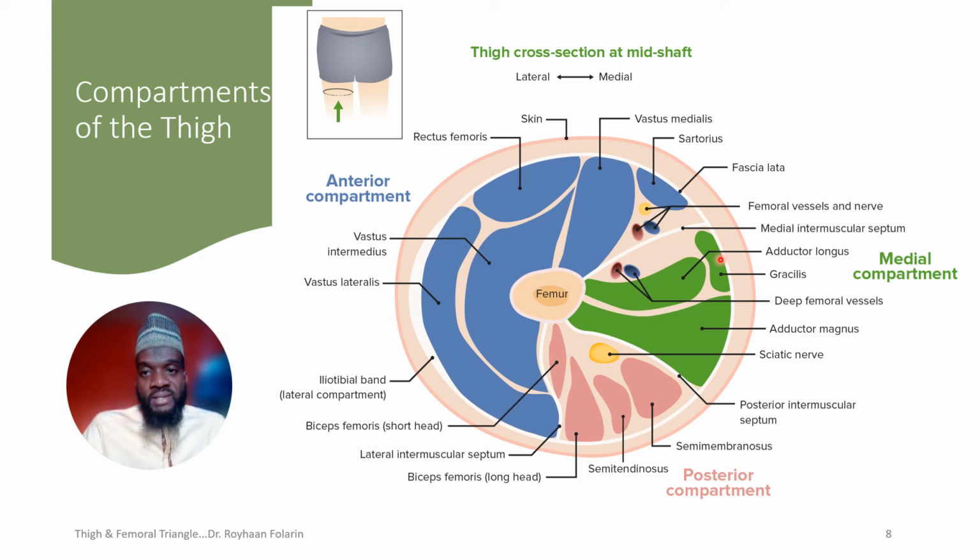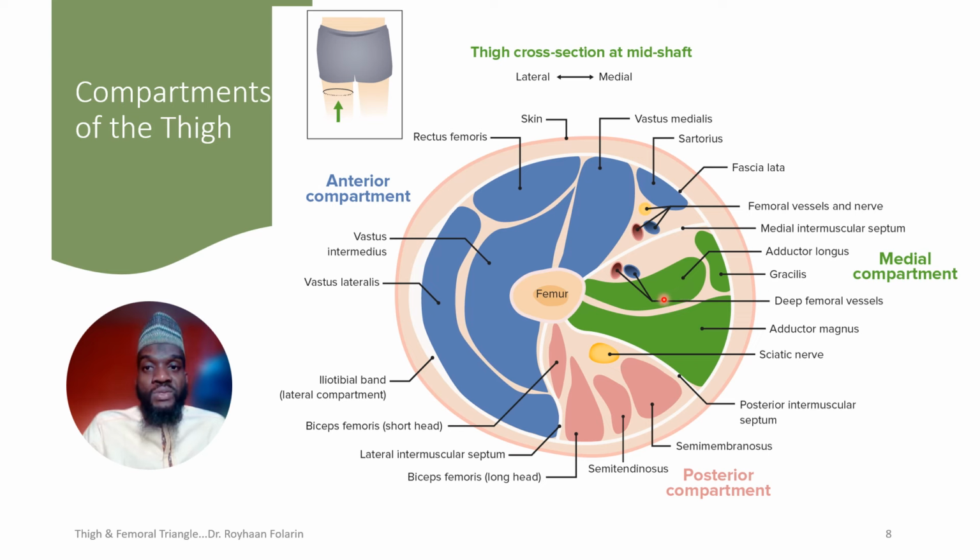This name describes the muscle's long, thin, and delicate appearance compared to other thigh muscles. You also find another muscle close to the superior part of the thigh known as the obturator externus. That's not captured here, but you'll see that in subsequent slides.